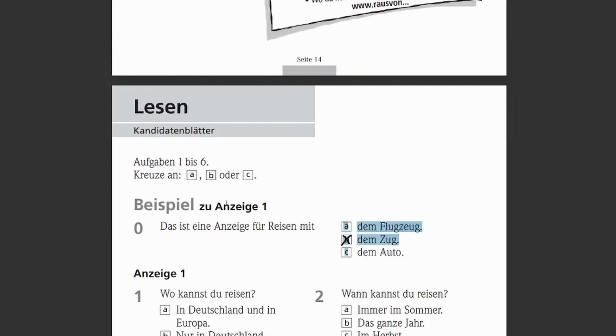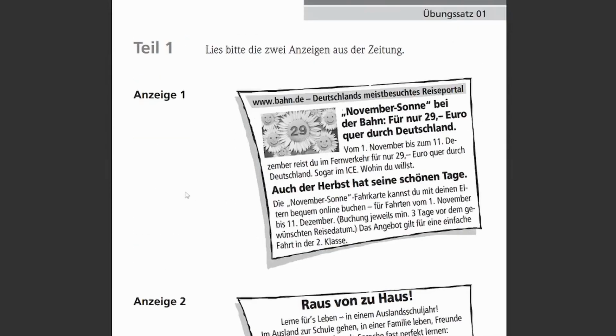Here they have already given the answer: it's train. So Anzeige, here it is, Anzeige 1. November-Sonne by the Bahn, für nur 29 Euro quer durch Deutschland. So here is what we want.